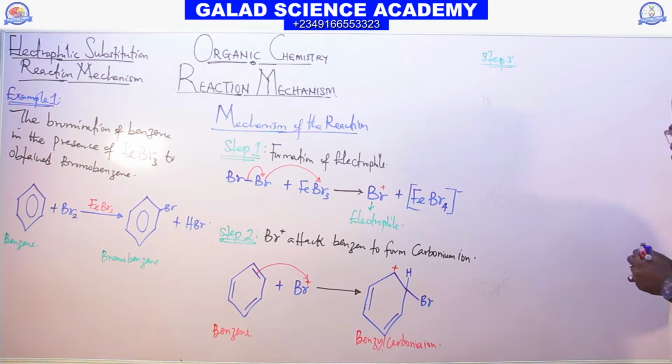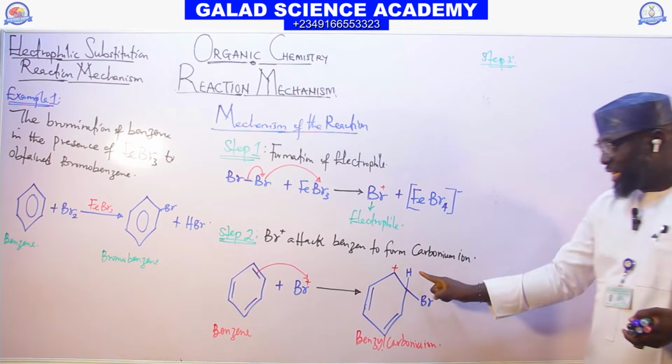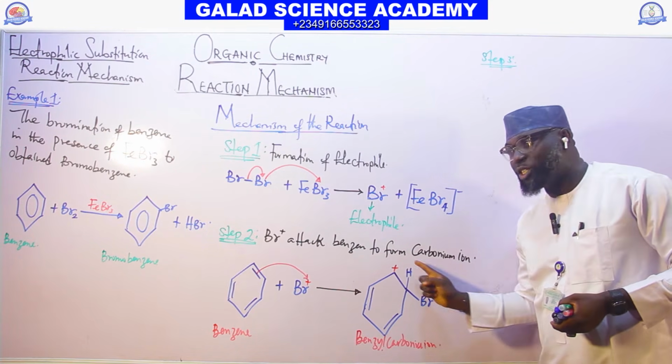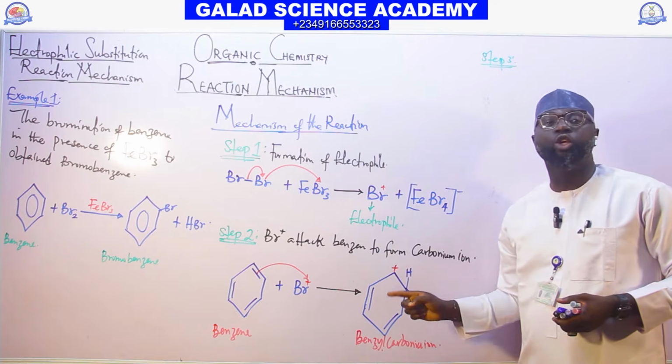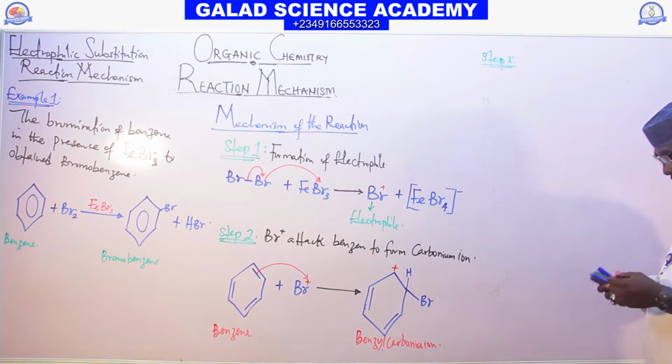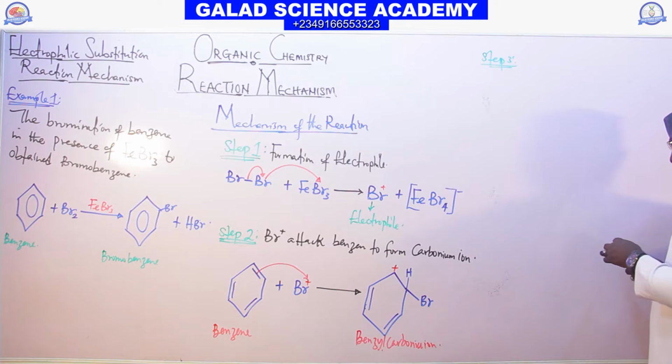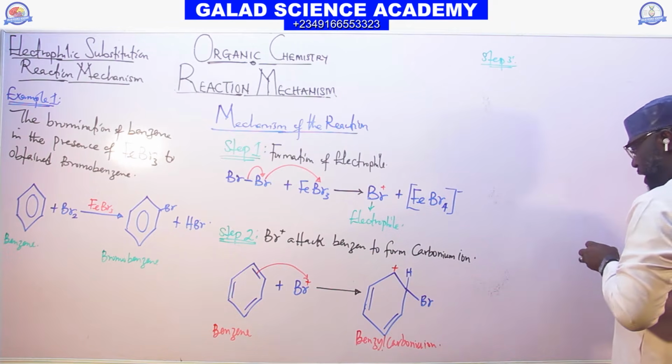At step 3, do you know what happened there? It's very easy. In step 3, there is elimination of hydrogen ion. This hydrogen ion we have here is eliminated to produce the substituted product. Let me write it there. Elimination of hydrogen ion occurred there.